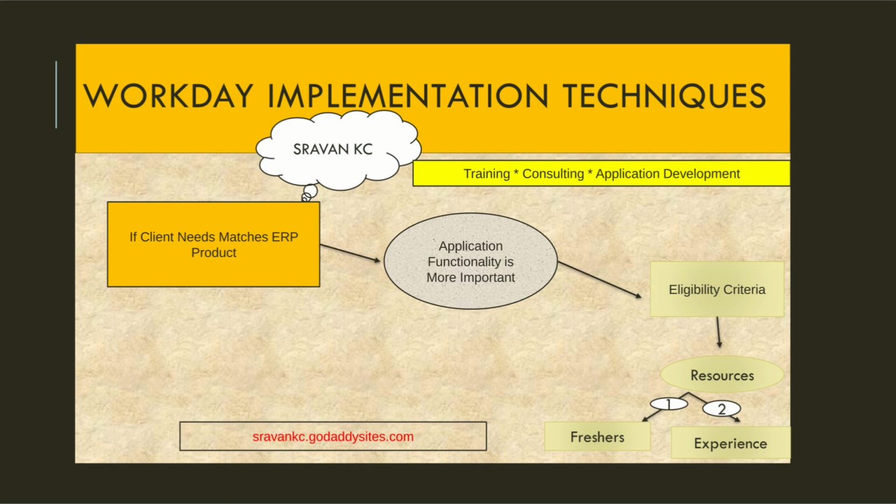The freshers are ready to take on implementations for the company. When application functionality is more important for implementations, then the eligibility criteria come in: who is going to configure it, who is going to develop it? Finally, it comes down to resources, which are segmented into freshers as well as experienced.